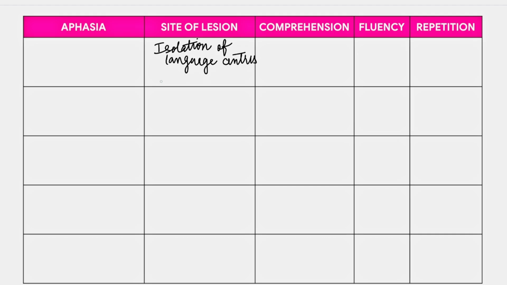This is something which you can see in ACA, MCA, PCA watershed infarct. We'll discuss this in detail later. So this is called mixed transcortical aphasia.